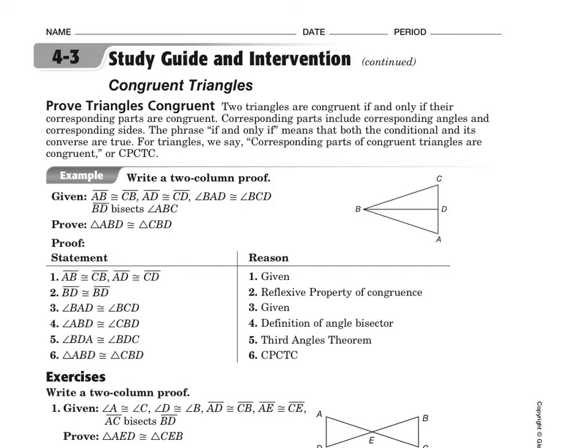So if 2 triangles are congruent, then their corresponding parts are congruent. And if corresponding parts are congruent, then the 2 triangles are congruent. This is called corresponding parts of congruent triangles are congruent.